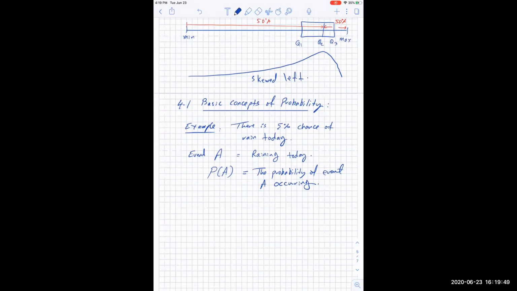We usually write our probability values in decimal form or percent form. I can say 5%, or I can say the probability of A is 0.05. Both forms are acceptable, 5% or 0.05.